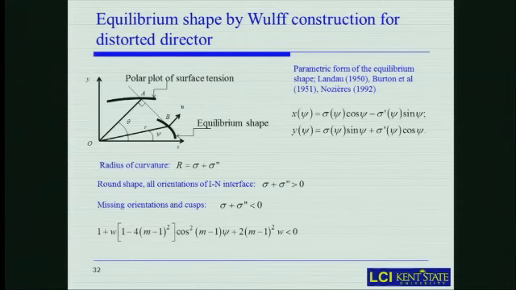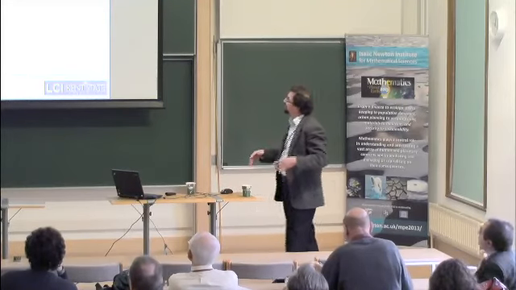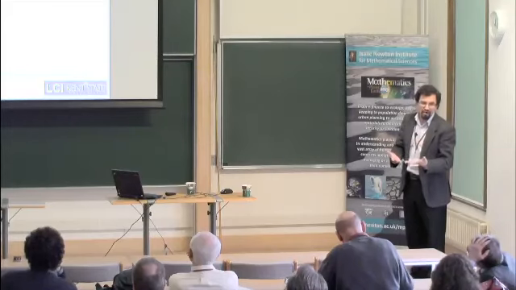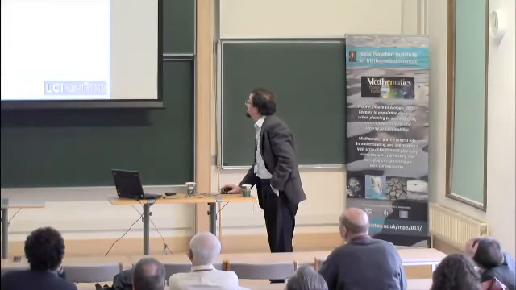The only difference is that our crystal is not uniform. It has this disclination distribution. According to the Wulff construction, if you know the polar plot of the surface tension, you can reconstruct the shape of the crystal. And this is precisely what we do for our defects.